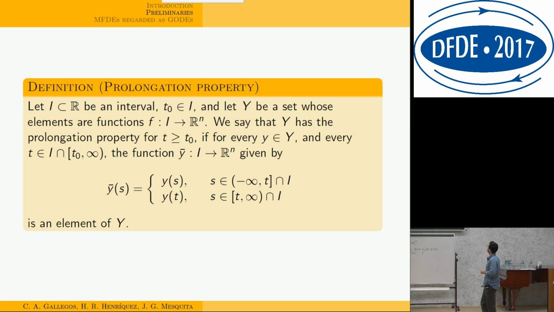Then we say that this space has the prolongation property for t greater or equal than t_0 if for every function in the space and every t in this intersection, the piecewise function y-bar defined in this way is also an element of the space. Okay. You can think, for example, that the space of continuous functions satisfies this property, and the space of all regulated functions from [a,b] to R^n satisfies this prolongation property.